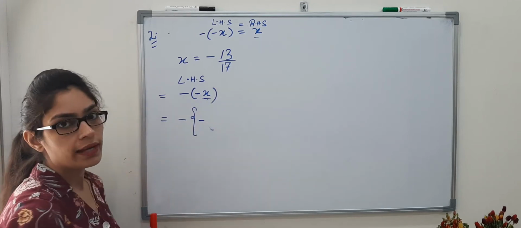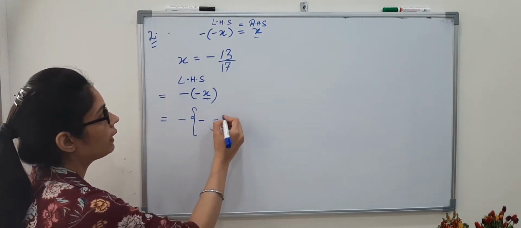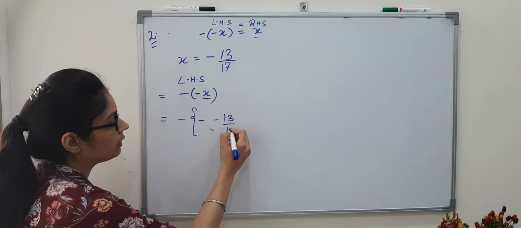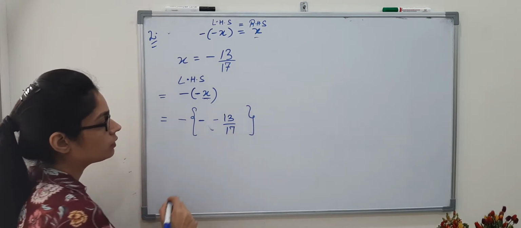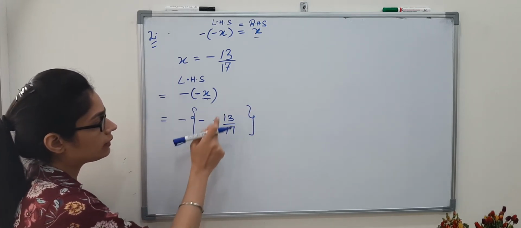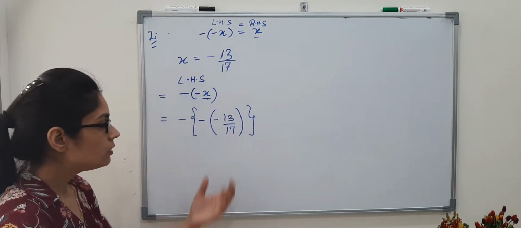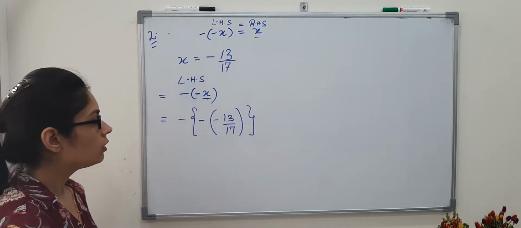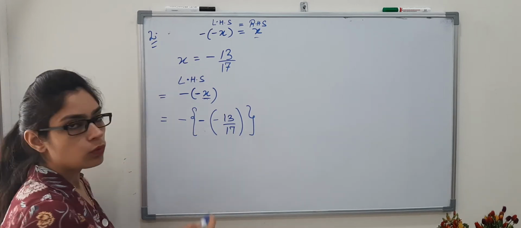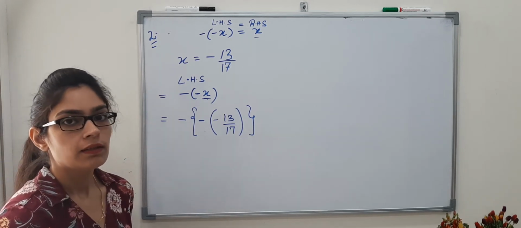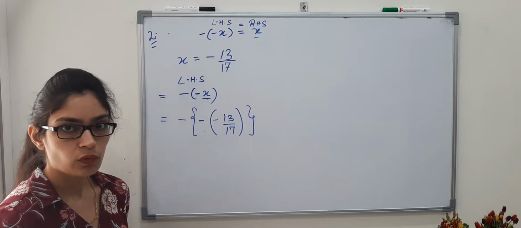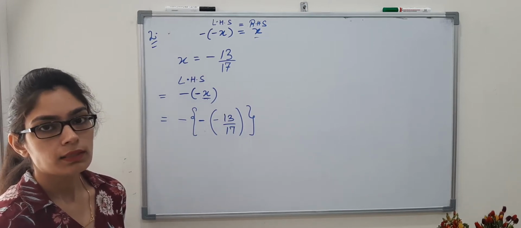Now I am going to write x, which is minus 13 by 17. Since the two minus signs are together, that's why I am putting a bracket so that you won't get confused.